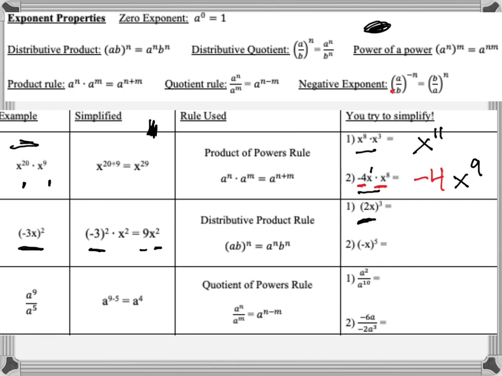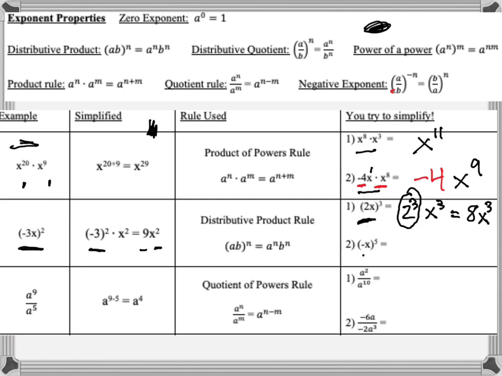So in this example on the side, we have 2x in parentheses to the power of 3. Well, 2 to the power of 3 and x to the power of 3 gives us 8x to the power of 3. Remember that 2 to the power of 3 is not 2 times 3, but it's 2 times itself 3 times, which is 8.